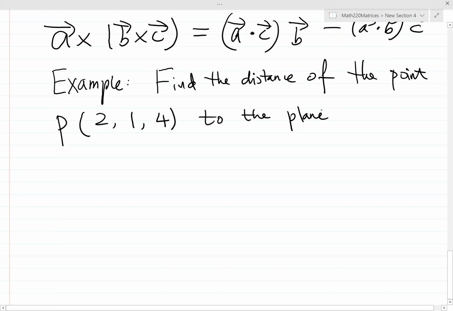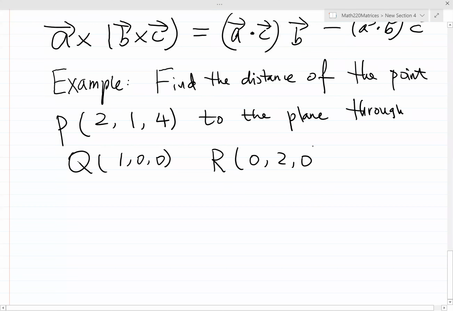Three points determine a plane. The plane through point Q (1, 0, 0), R (0, 2, 0), and S (0, 0, 3).